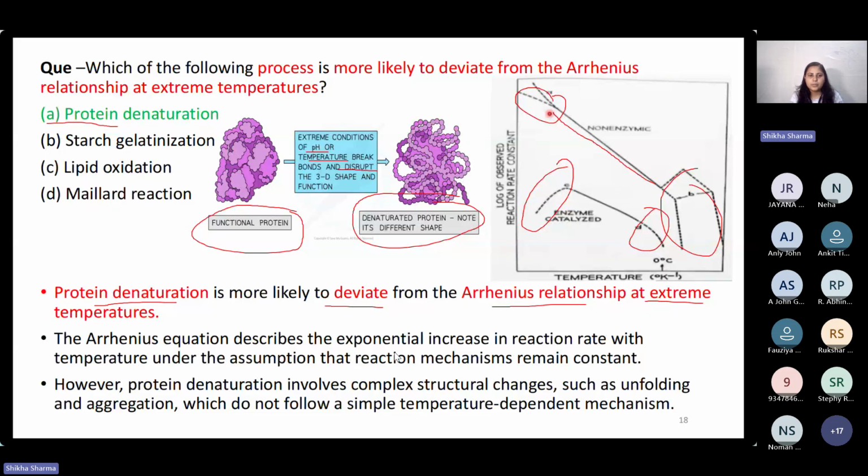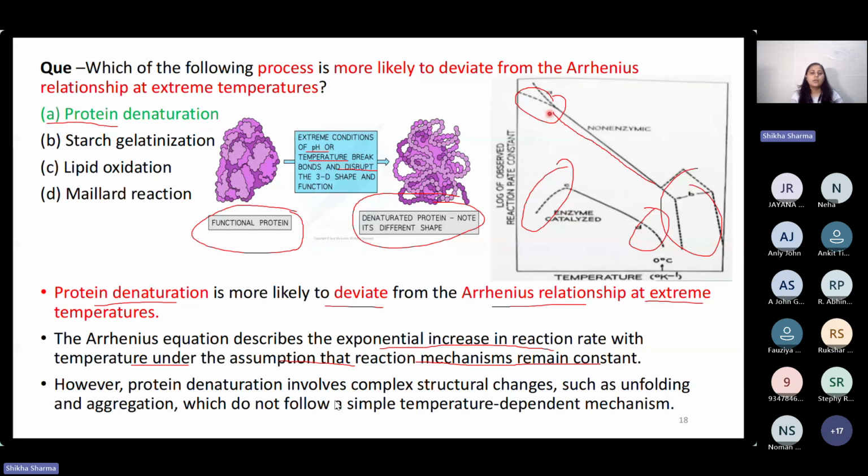So basically, the Arrhenius equation describes the exponential increase in reaction rate with temperature, under the assumption that the reaction mechanism remains constant.